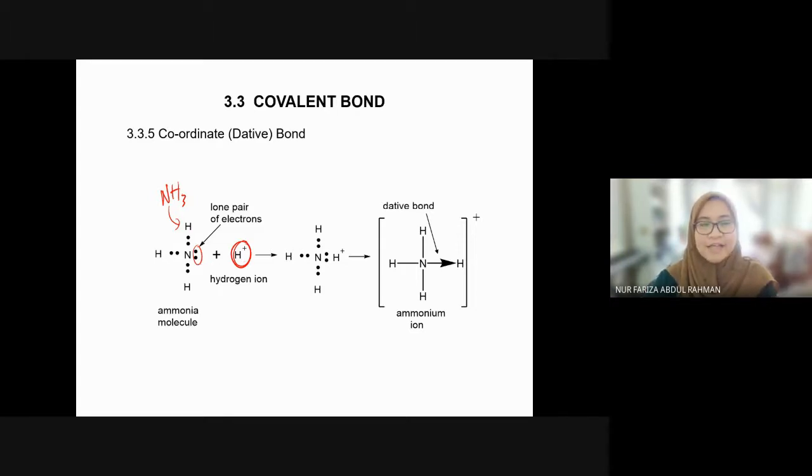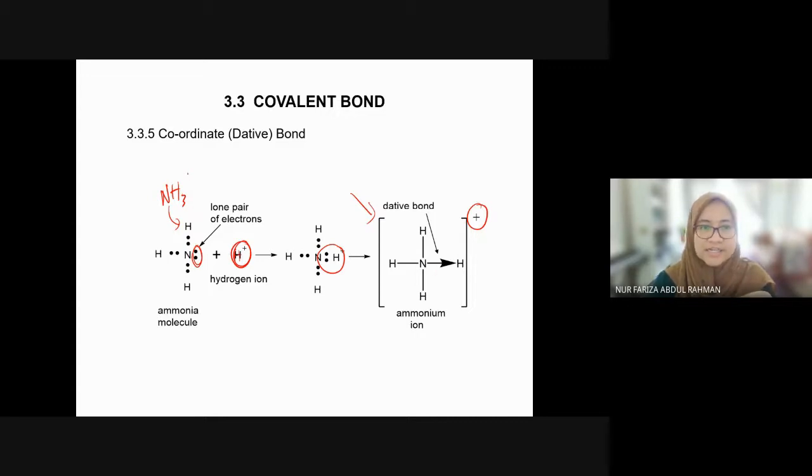So this is what we call the formation of a dative bond. This lone pair from nitrogen will be shared with hydrogen. See? Like this. Or we can use this notation, which is easier. Don't forget the bracket, guys. When it accepts electrons, it will become positive 1 because it has an extra proton now.